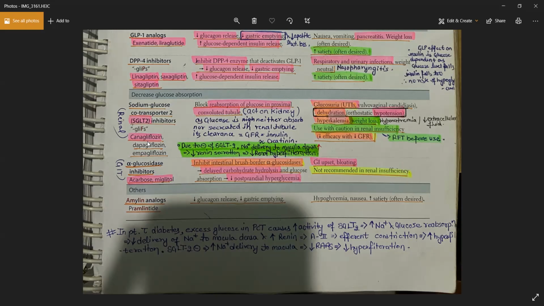Yeah. When you give the patient SGLT2 inhibitors, you're inhibiting the reabsorption of glucose and sodium. Now the delivery of sodium and glucose to the DCT is increased, and as a result, the macula densa cells will be inhibited. So what you will have is a loss of renin secretion. Is that okay? Yes.